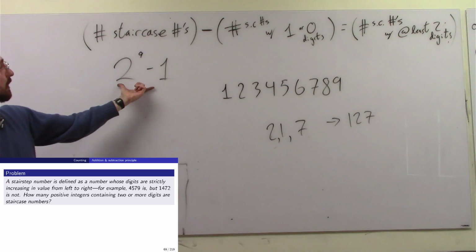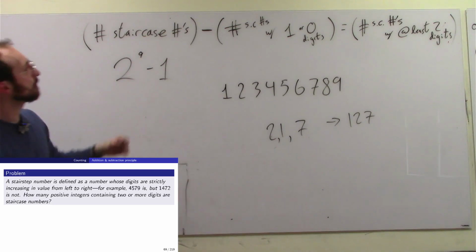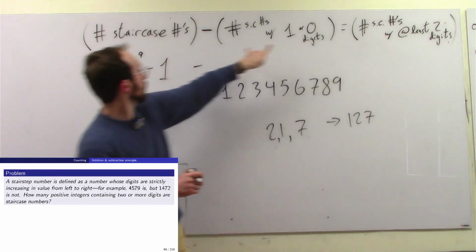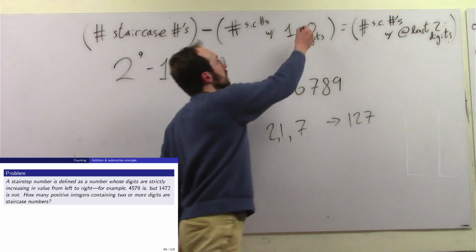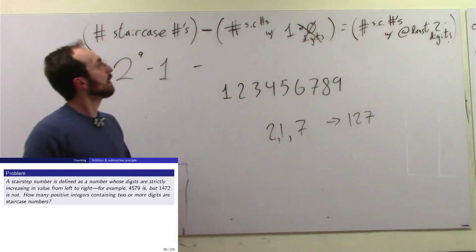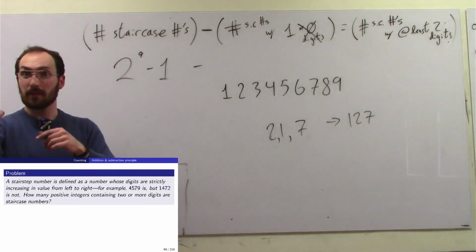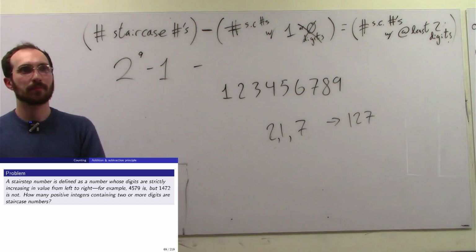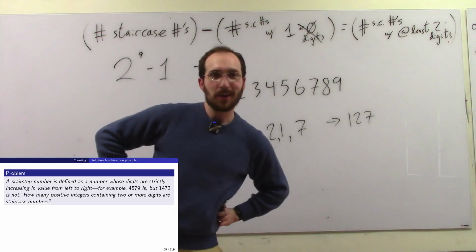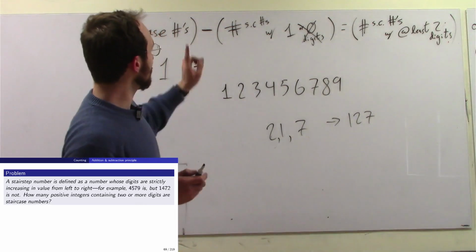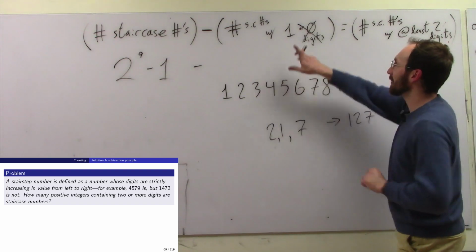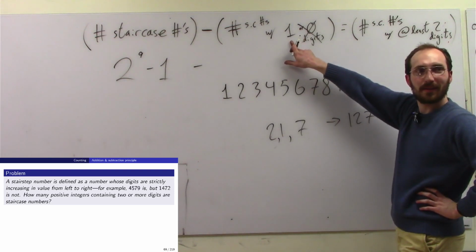That's how many staircase numbers there are. How many of those are going to have 1 or 0 digits? With 1 digit, is 0 not a stair-step number? Oh gosh, so 0 is a stair-step number, but that's okay. That'll still be part of this.